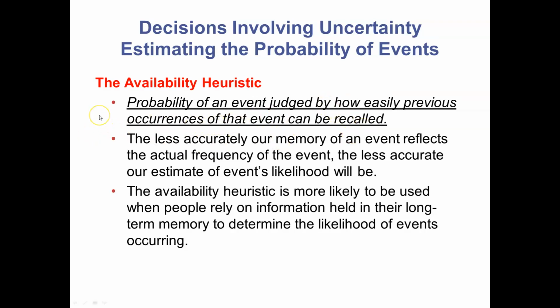So when we come to a decision, making a quick decision about something, we do it based on how recently we actually witnessed or experienced that occurrence. That is the availability heuristic.